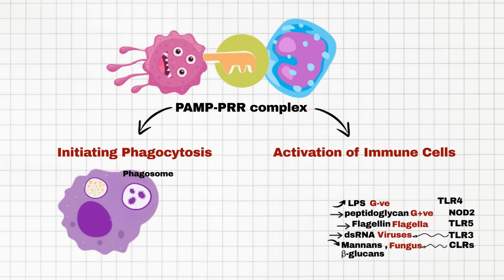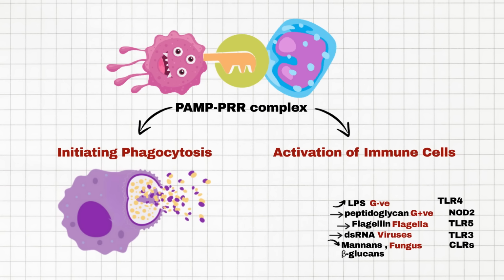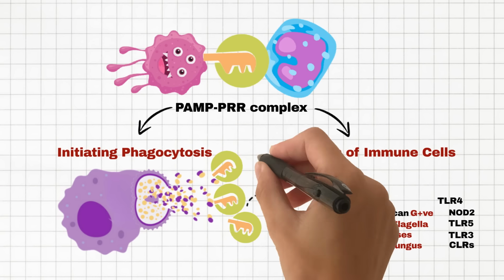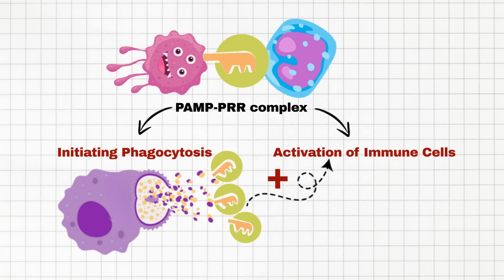The phagosome then fuses with a lysosome to form a phagolysosome, where the pathogen is degraded by lysosomal enzymes. As the pathogen is broken down in the phagolysosome, additional pathogen-associated molecular patterns may be exposed and recognized by pattern recognition receptors within endosomes or lysosomes, further stimulating cytokine production to ensure a sustained and effective immune response.